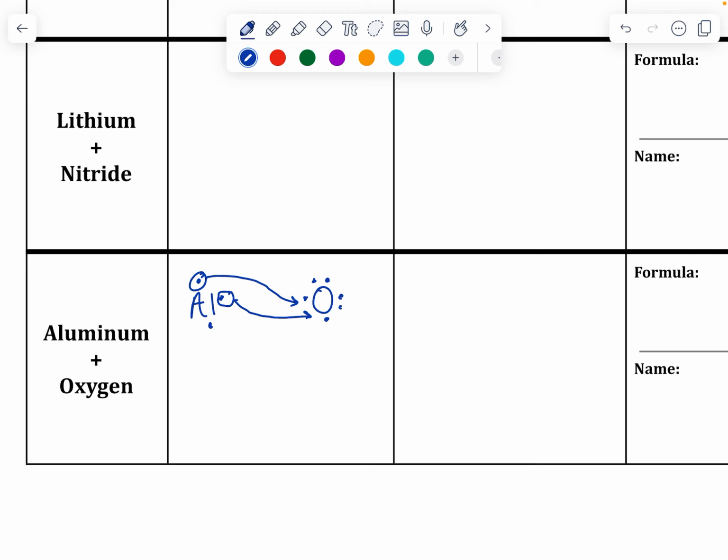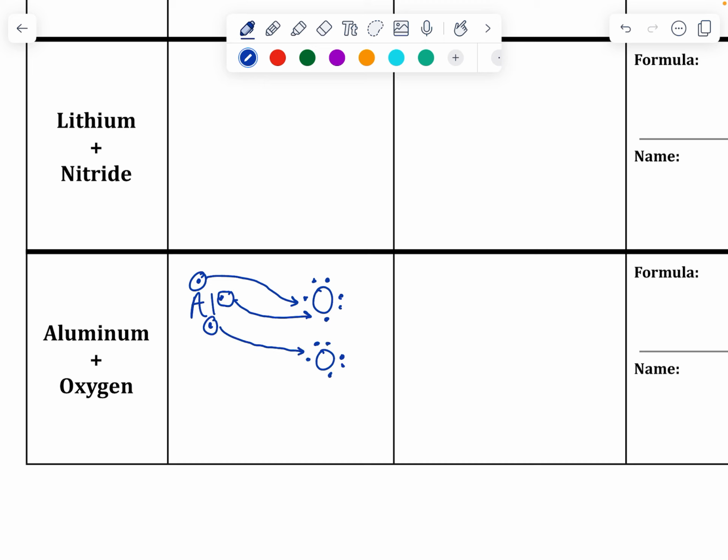So all these images are showing us is how to draw this electron transfer so that we can visualize why these ions are forming. And then, of course, how many of these ions need to form so that everything feels full and nothing is left out. So we notice that the 2 electrons that oxygen wanted, it gets from the aluminum, but I'm going to need another oxygen in order to accept this electron from aluminum.